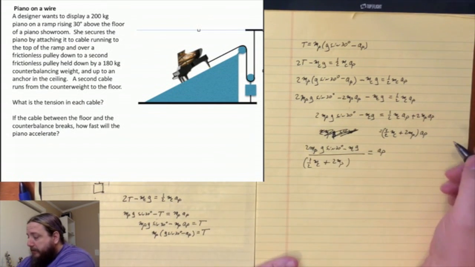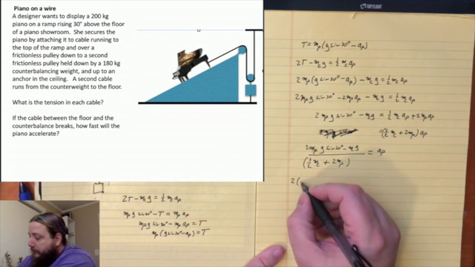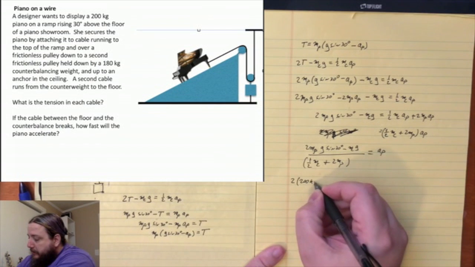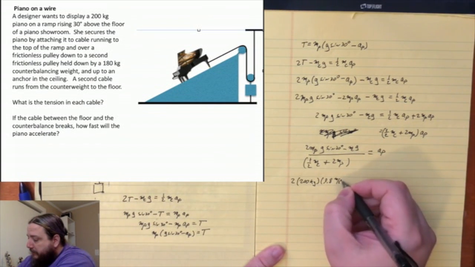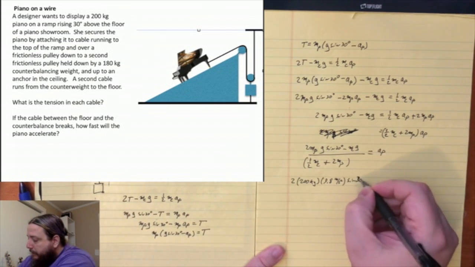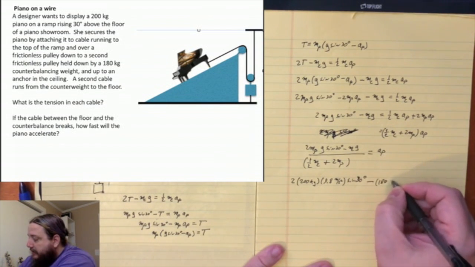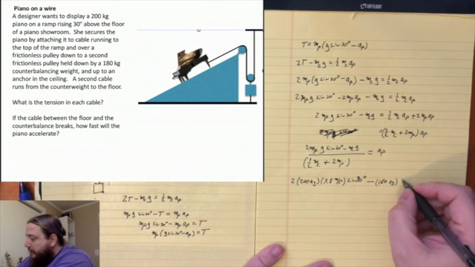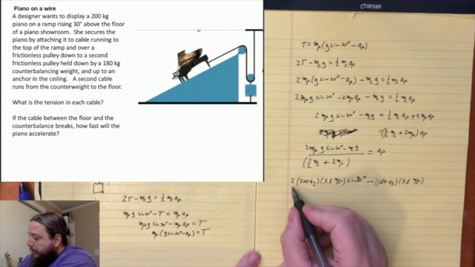Let's go ahead and plug in some numbers. So that's twice the mass of our piano, which is 200 kilograms, times 9.8 meters per second squared, times the sine of 30 degrees. Here the mass of the counterweight is 180 kilograms times 9.8 meters per second squared.